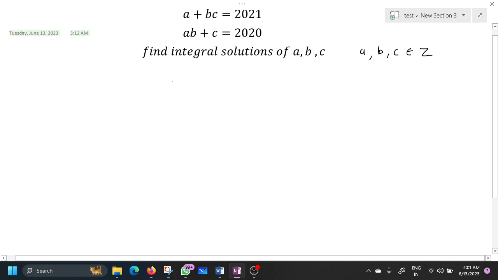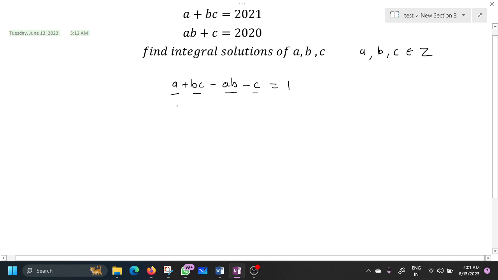Now right away go and subtract these two equations, a plus bc minus ab minus c, and here you will get 1. So now you are getting a minus ab, club them, and bc minus c, club them, and then take some measures to find out the factors.